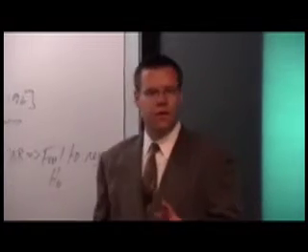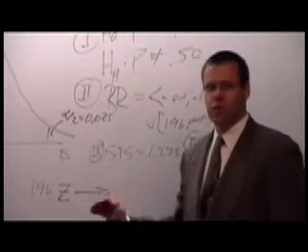Questions on that? Why did we not create a p-value? We don't have to. There are two separate approaches to hypothesis testing that are equally valid. The traditional approach uses numbers along the real number line. The p-value approach uses areas. If you want to use the traditional approach, that's fine.